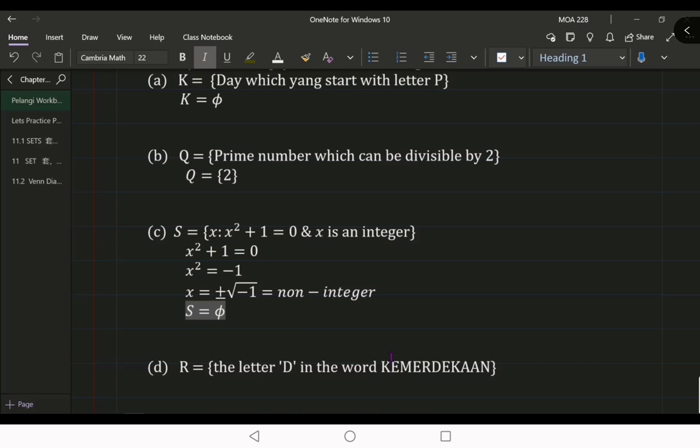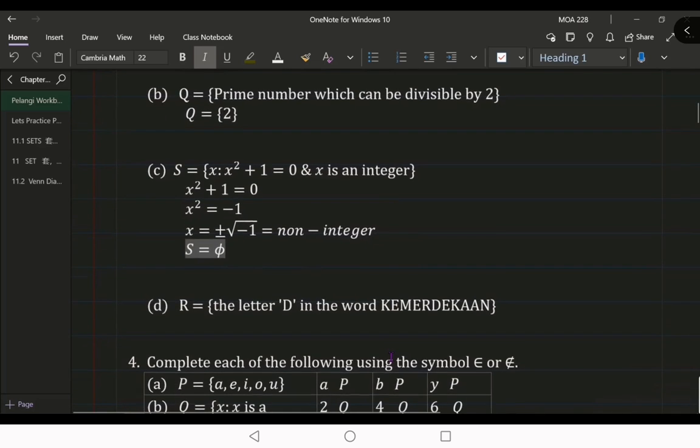Okay, D. The letter D in the word kemerdekaan. There is a D inside the kemerdekaan. Yes.